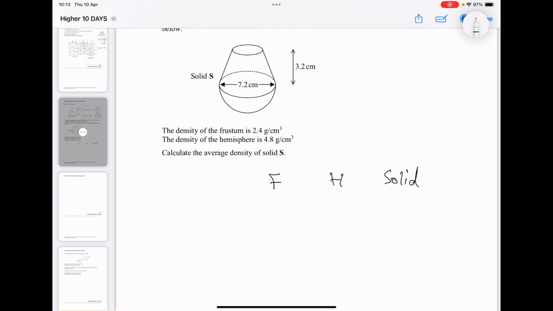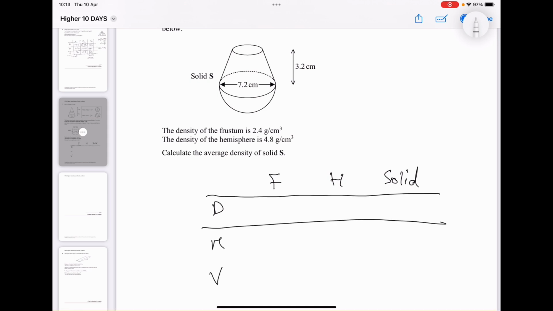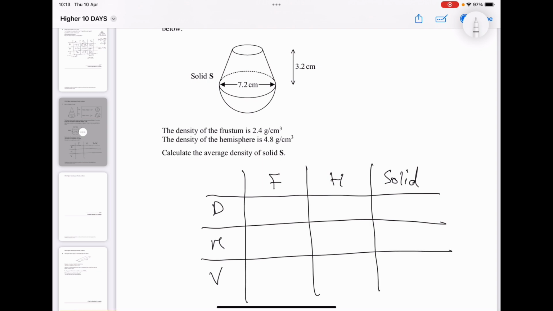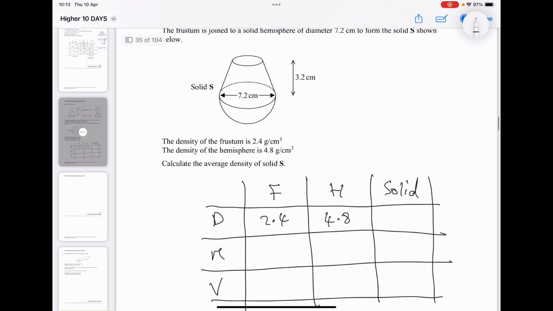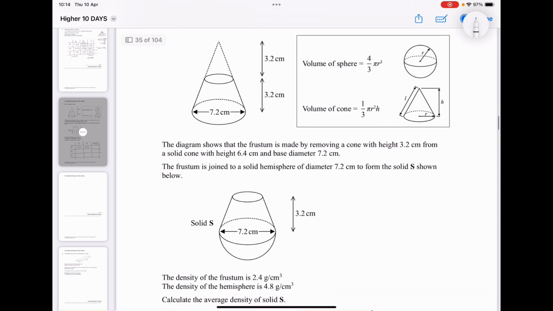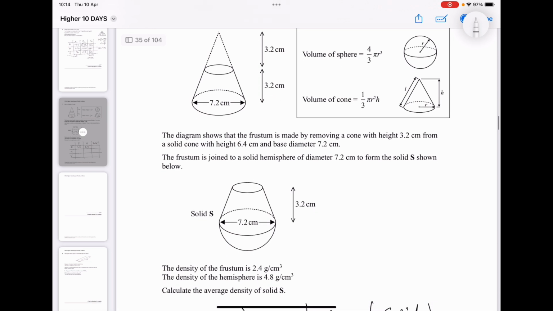We've got density, mass, and volume. Okay, what do I know? Density of the frustum is 2.4. Density of the hemisphere is 4.8. Now what I need to do is work out the volumes of these.